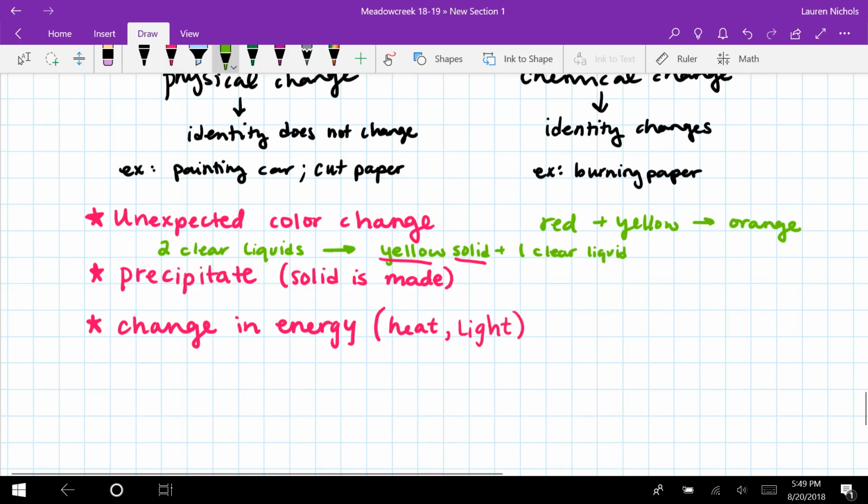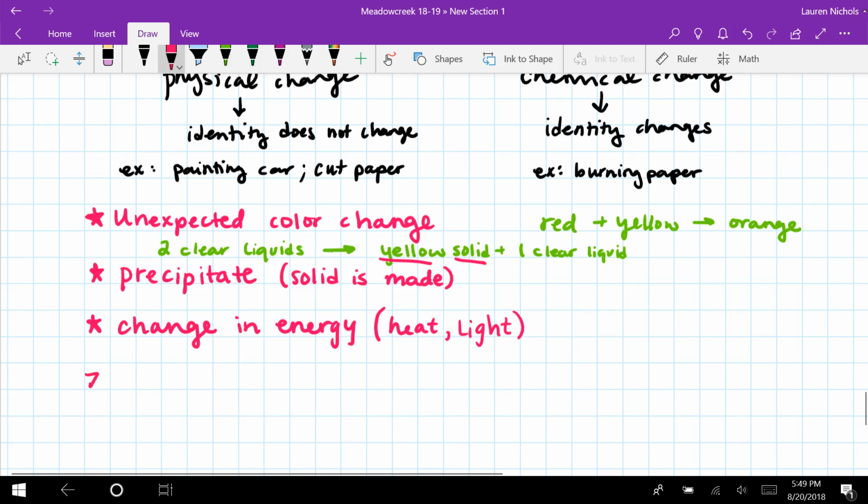So for example, if I take a magnesium ribbon and put it in a Bunsen burner and it produces that bright white light that almost hurts your eyes to look at, that would be a change in energy. And if we look at my example of burning the paper, we know that when you burn paper, it gets extremely hot. That is a change in heat, that change in energy.